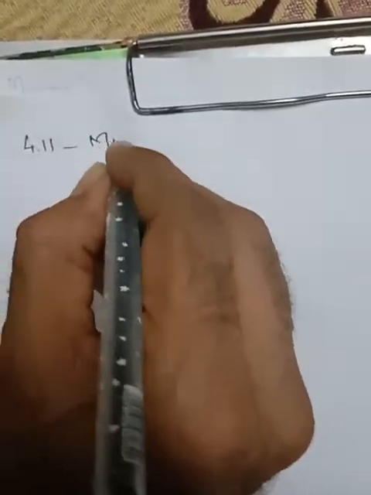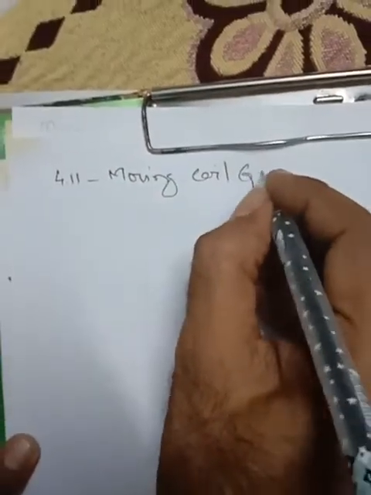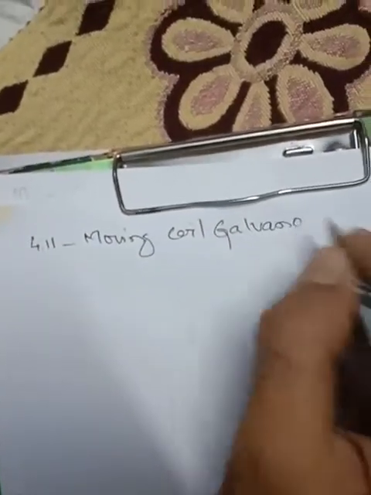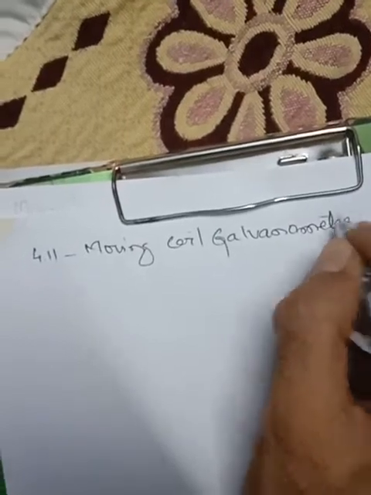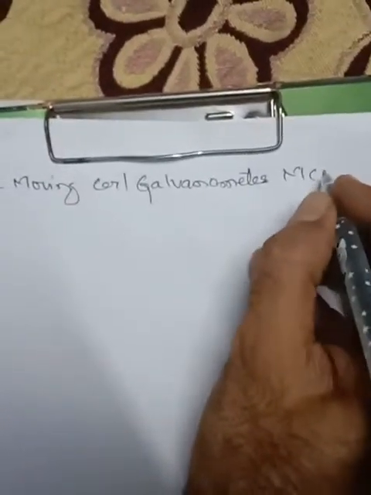In section 4.11 we have to study about the moving coil galvanometer, that is called MCG.